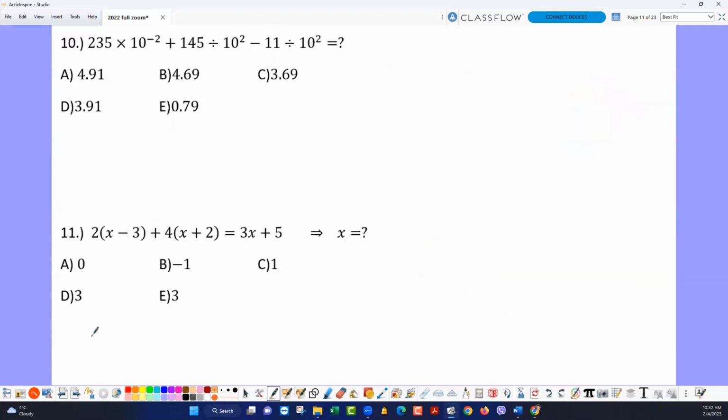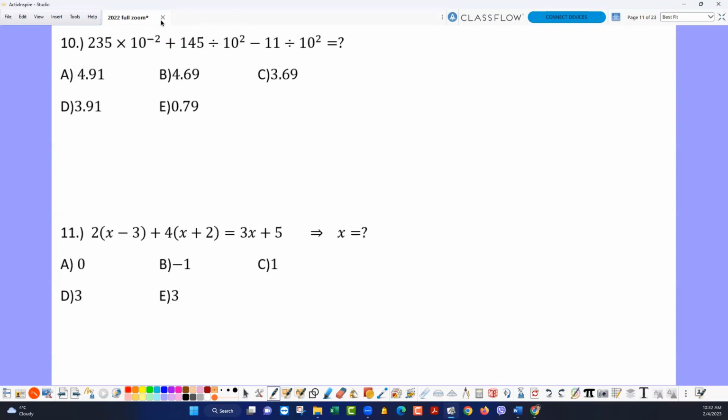Okay, the next question is going to be multiplication with 10 to the power of minus 2 and 10 to the power of 2. If you remember, when multiplying by positive powers of 10, you are adding zeros. When you divide by positive powers of 10, you are adding a decimal point.